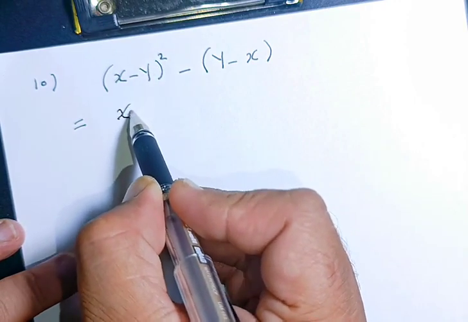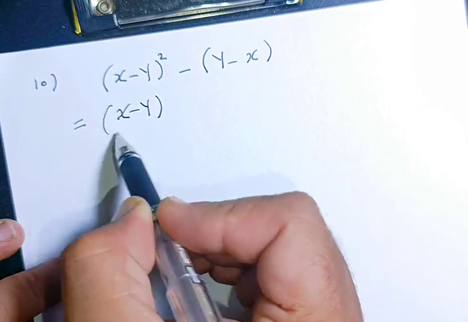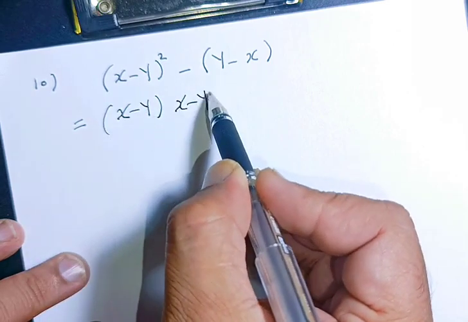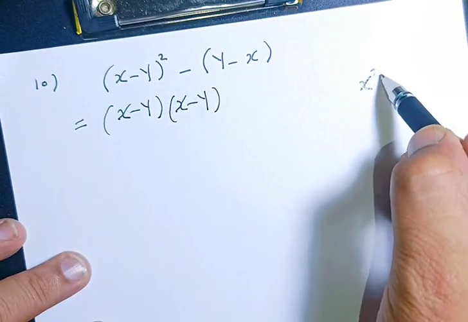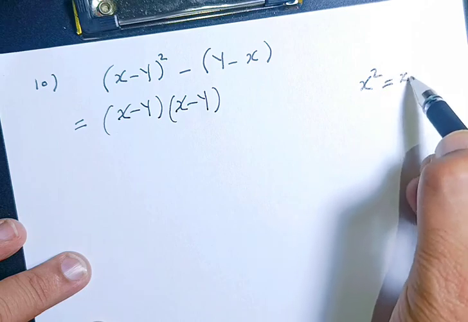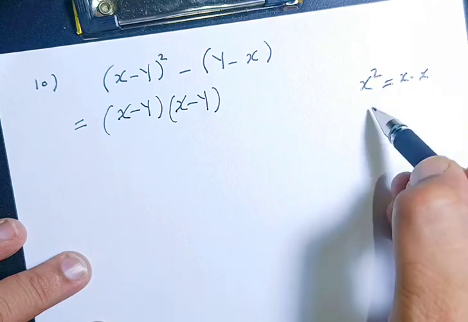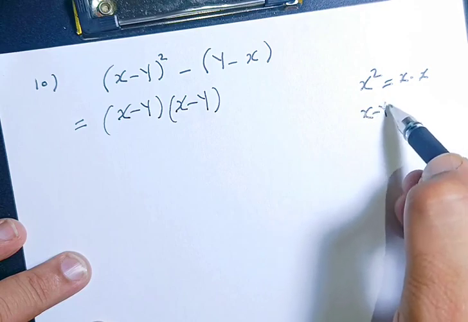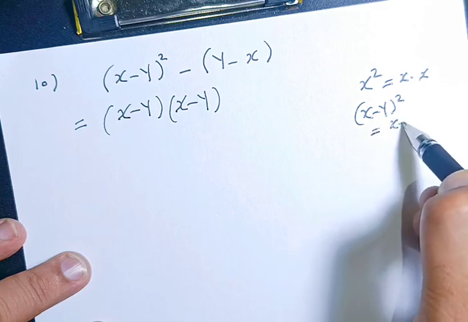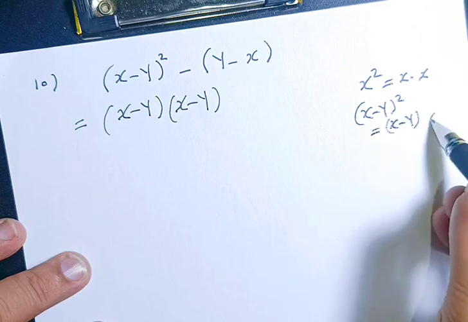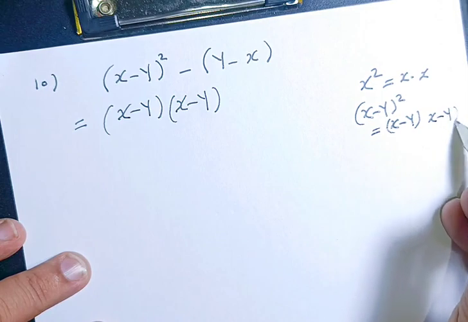This means x negative y times x negative y, because the power is 2. Same like if I say x power 2, I can write x times x. So now we have x negative y power 2 as a whole power. So I can write x negative y times x negative y.